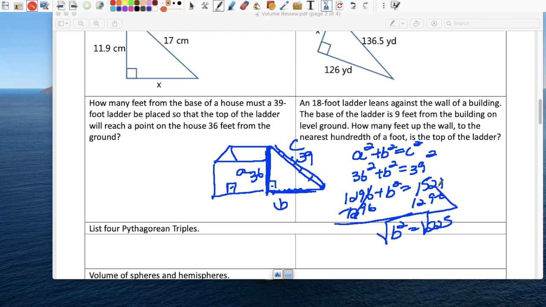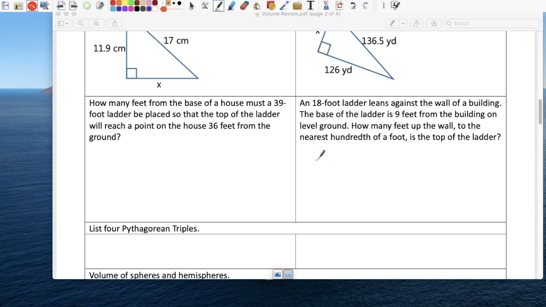Square root, and the answer is going to be 15. Oh, sorry, and B is 15. So it should be 15 feet. The base of the house to the base of the ladder should be 15 feet apart.